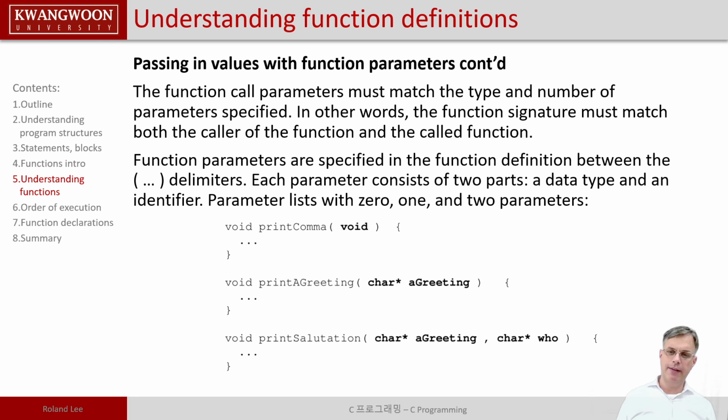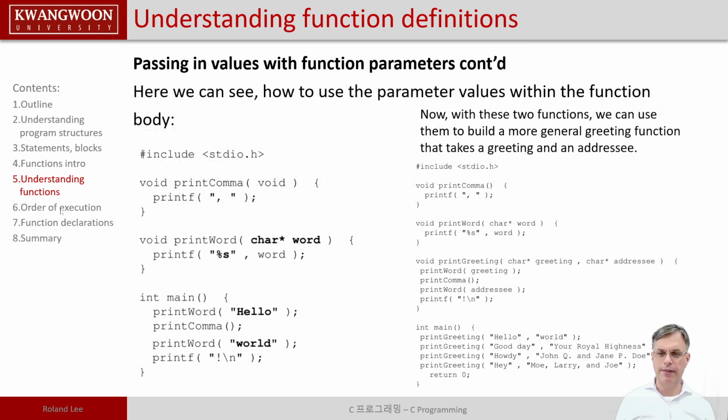Now let's look at what parameter lists look like with 0, 1, or 2 parameters. Take as given for the moment that the C type of the string passed into the function is char star.